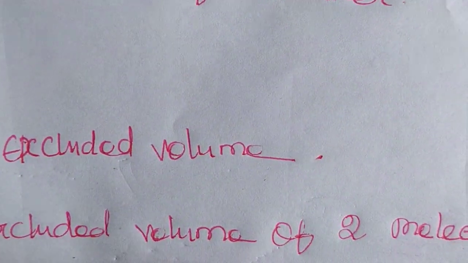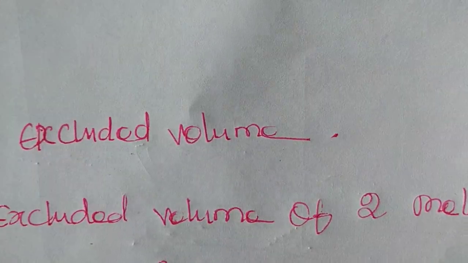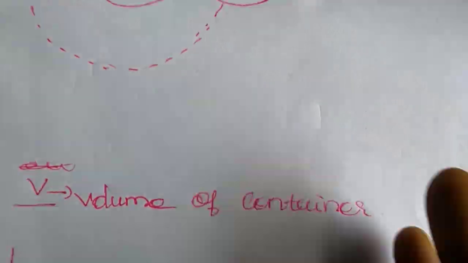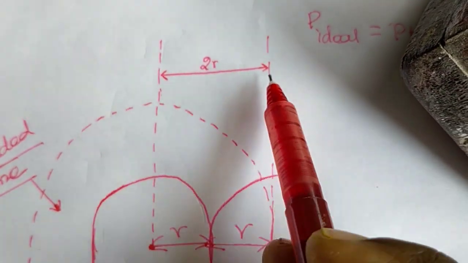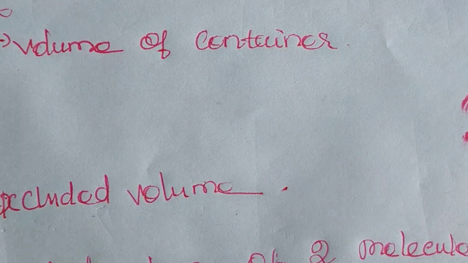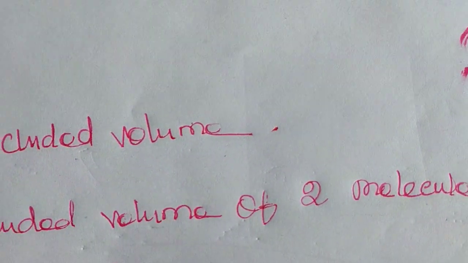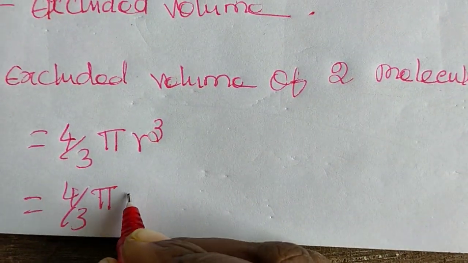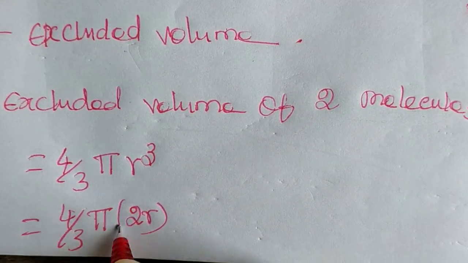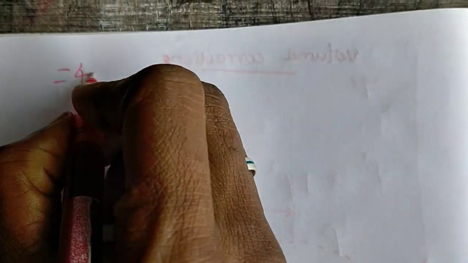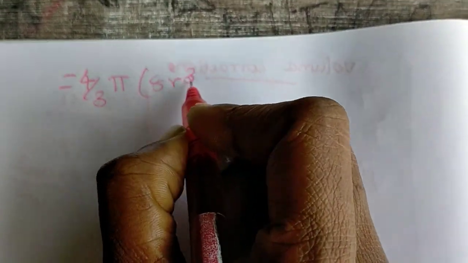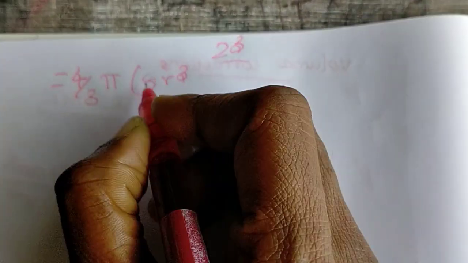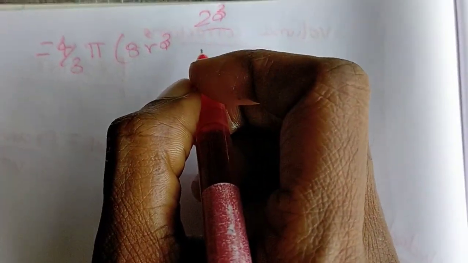What is r here? From this system of two molecules, you can measure r as 2r. So you can substitute the value in place of r: 4 by 3 pi times 2r cubed. What is 2 cubed? 8. So it is 8 r cubed.